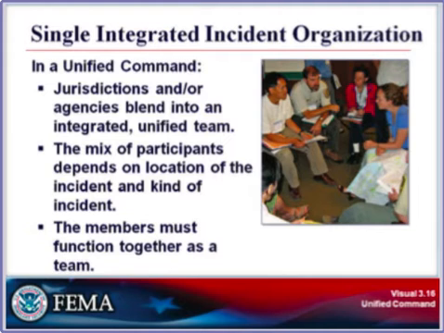In other cases, unified command may consist of several functional department managers or assigned representatives from within a single political jurisdiction. Because of common ICS organization and terminology, personnel from other jurisdictions or agencies can easily be integrated into a single organization.